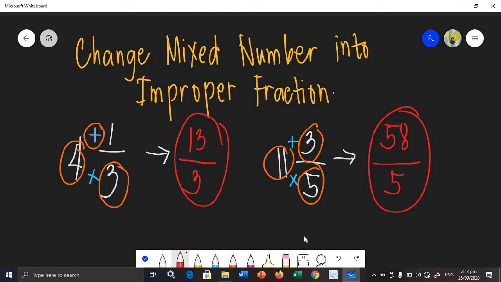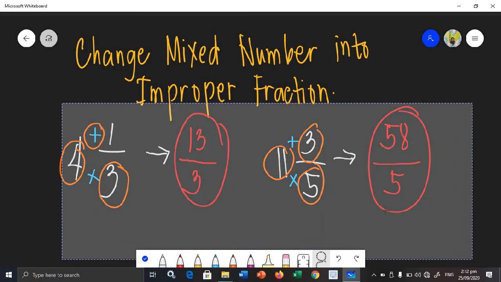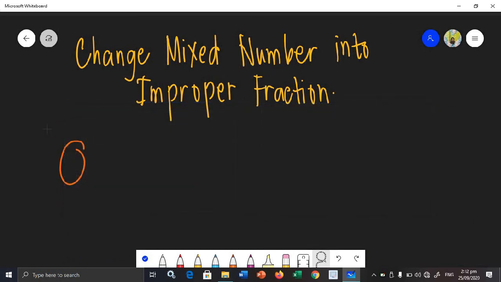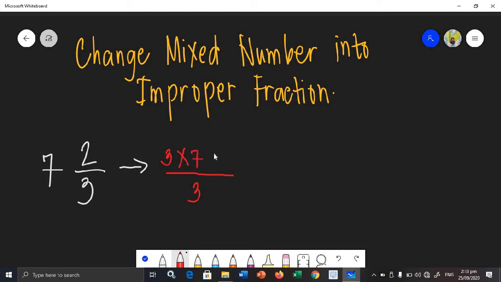So, kung nahihirapan pa rin kayong i-visualize, I am going to rewrite this para makita nyo how did it happen. So, let's say, for example, we have 7 and 2 over 3. So, we will be making a new fraction, di ba? An improper fraction. So, yung denominator niya is 3, same lang nung sa given. And then, yung numerator niya, so 3 times 7 plus 2.